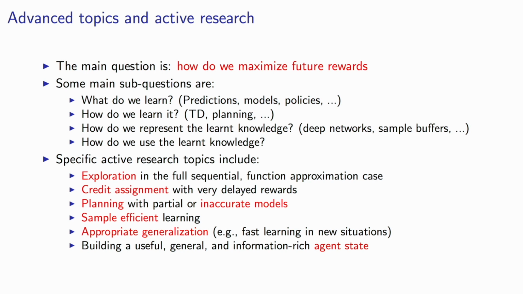Another thing related to the previous lecture is how to plan with inaccurate models. We talked about this a little bit. If you have a fully accurate model, you can just plan using, say, dynamic programming if it's a small enough model, or maybe using something like Monte Carlo tree search if the model is too big to go through fully.